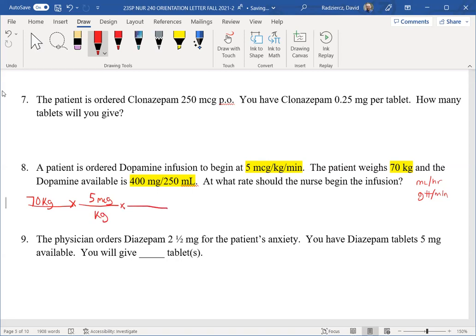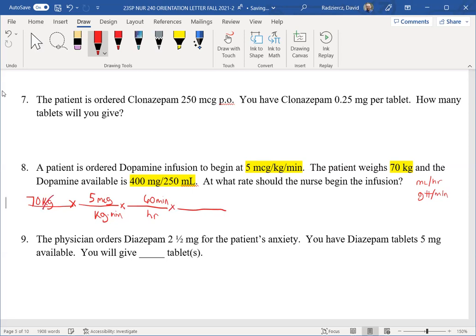Now, per minute, sorry. You might do this differently, but I would recommend right off the bat converting minutes to hours. In reality, it doesn't matter because you're doing this all as one long thing, but you've got to make sure you account for these things.